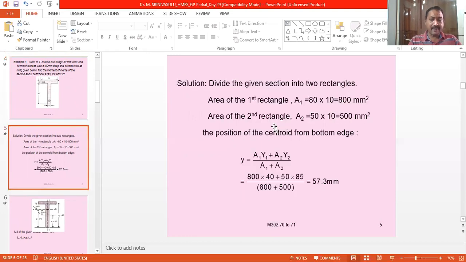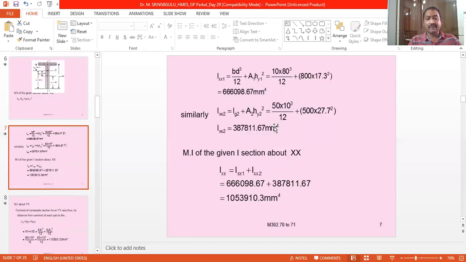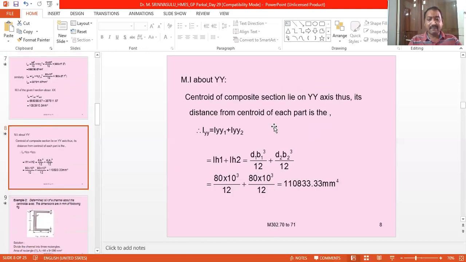Substituting the values, we get 110,833.33 mm4. This is the answer for Iyy.